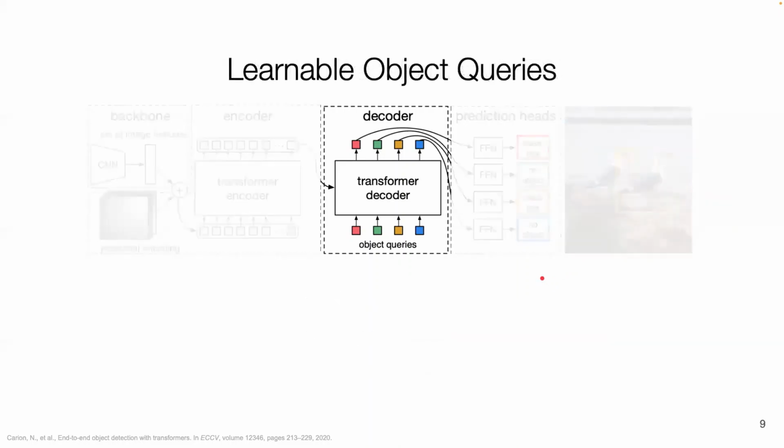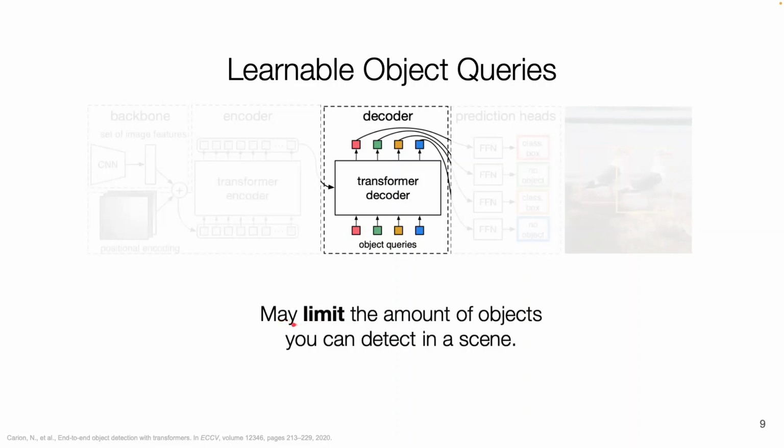One weakness that DETR showed was the need to declare a fixed number n of object queries in the beginning. This querying process can be thought of as learning a better spatial localization of the image in this transformer, given that all objects utilize that self-attention in the transformer. The issue here is that having to set that fixed number of object queries in the beginning may limit the amount of objects you can detect in a scene.